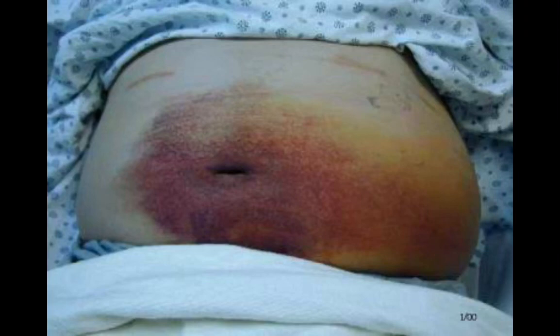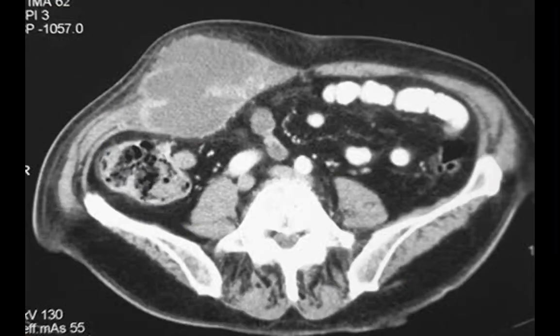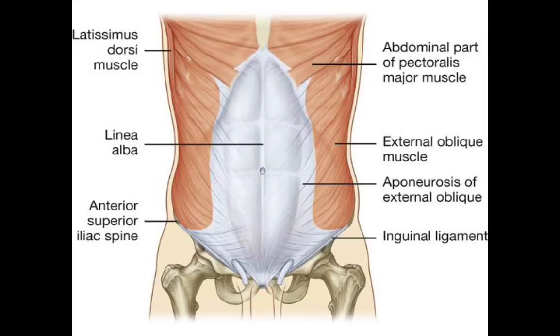Not only that, we also have rectus sheath abscess, which is due to trauma to the abdominal wall. These are the few clinical conditions which we can discuss in this region of the rectus sheath and anterior abdominal wall.